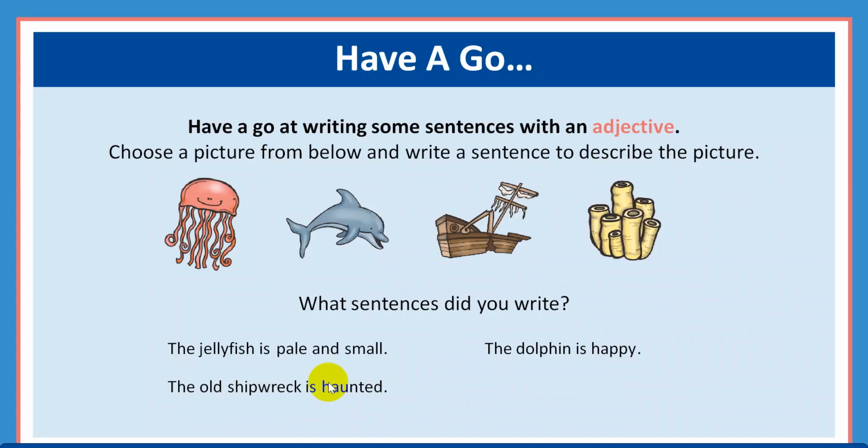Also, haunted can be described here as an adjective, and it's describing the shipwreck. Finally, there is a bright coral reef nearby. Where is the word that describes the coral reef? The word bright. Yes, you are brilliant.